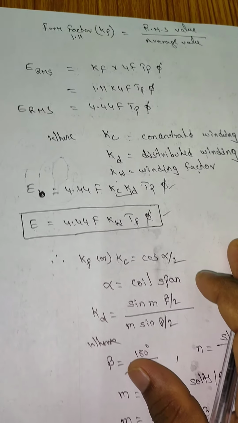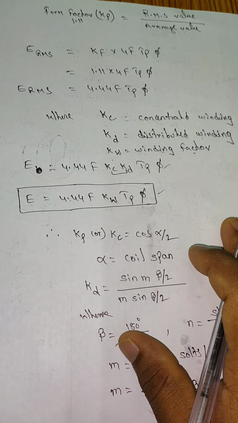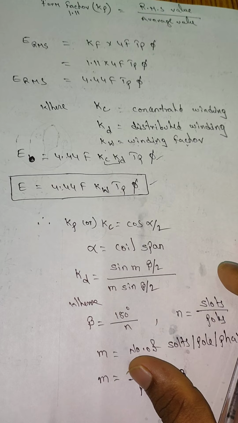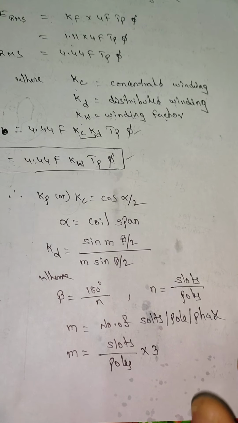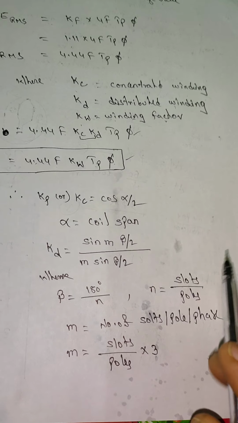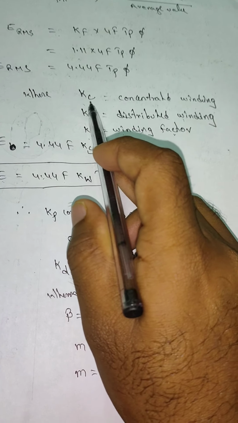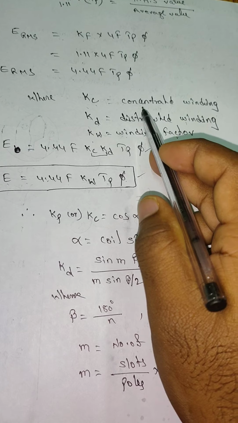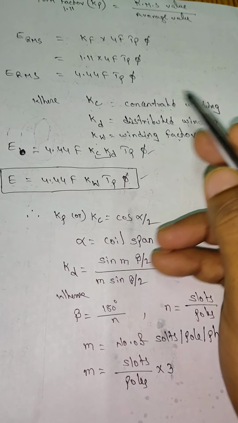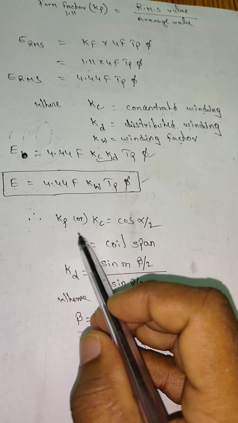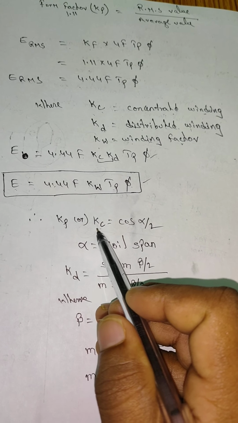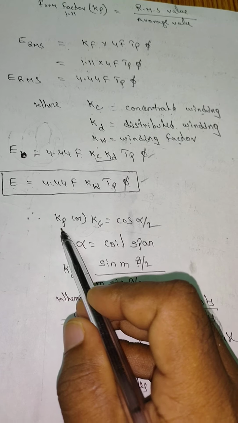Now for finding the EMF equation in the problems, we have some equations for finding the winding factors. For that, Kc is called the concentrated winding and Kd is called the distributed winding. Now in some textbooks we write Kc as Kp also.